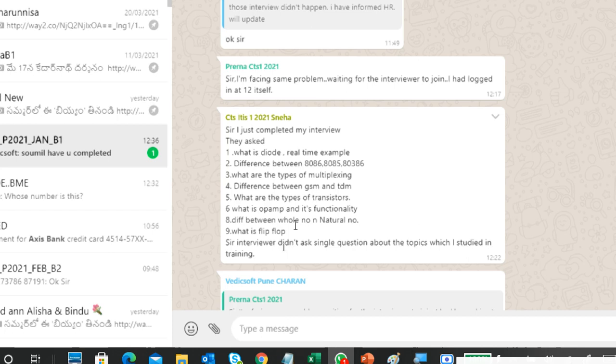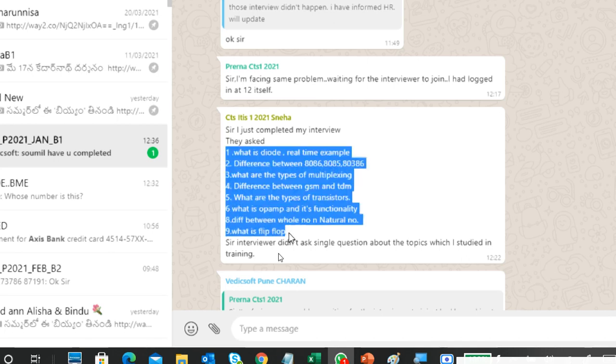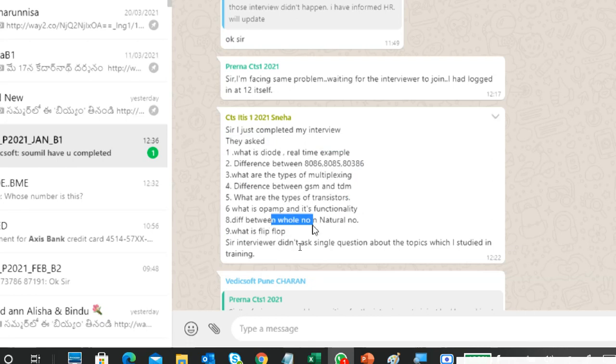Like diode, any ECE or electrical people remember diode. But at the time of the interview, you cannot speak about it. This interview is very dangerous. If they ask questions like whole number and natural number, I didn't remember anything about it. Whole number means it's a number only. Natural number means what?